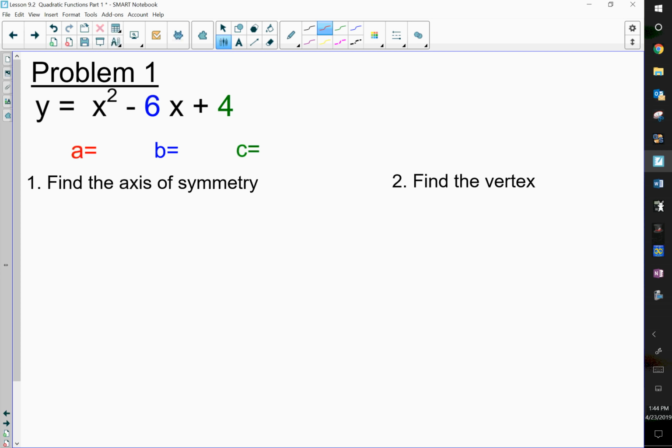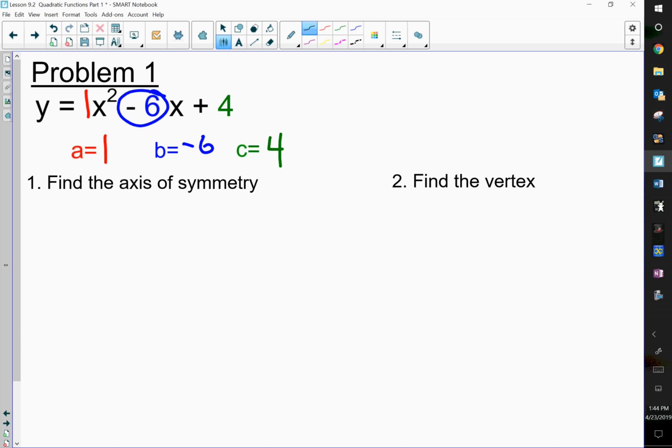Now some of you might want to skip the step where you write down a, b, and c, but trust me, writing it down and making it clear is going to make it way easier to solve the problem and find the axis of symmetry and find the vertex. So the a in this problem, there's no coefficient on the x² term, so it's implied to be 1. The b in this problem is negative 6, and the c in this problem is 4.